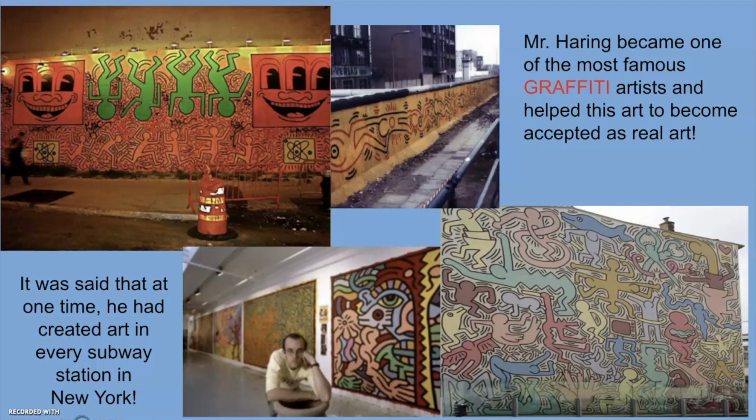Mr. Haring became one of the most famous graffiti artists and helped this art become accepted as real art. It was said that at one time he had created art in every subway station in New York.